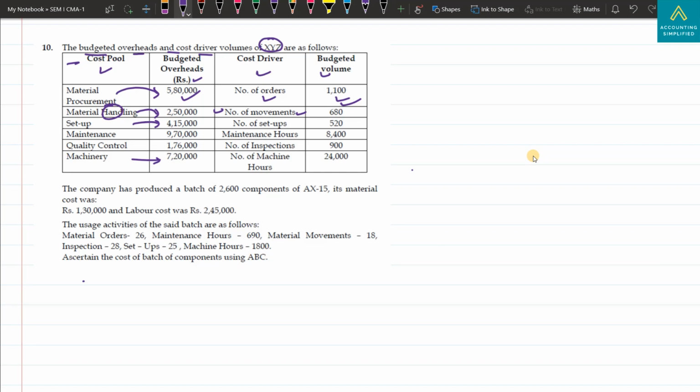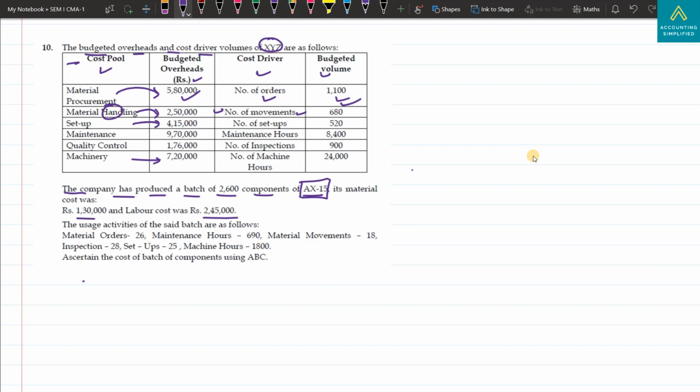Now what is being asked? The company has produced a batch of 2600 components of product AX15, right? Its material cost was 1,30,000 and labor cost was 2,45,000.